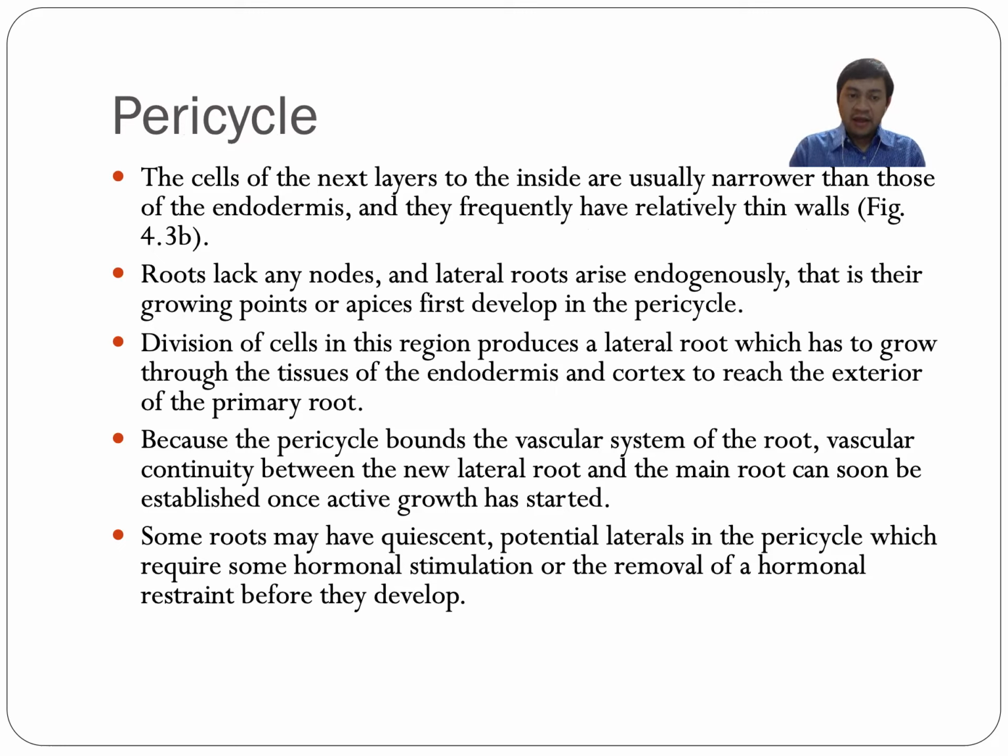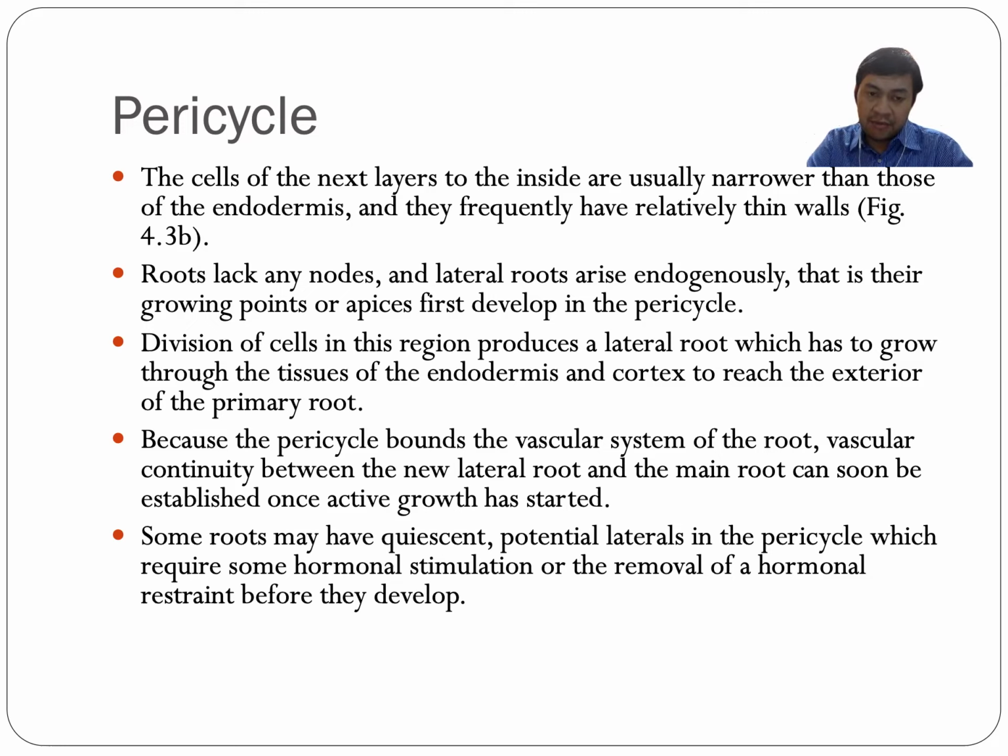Roots lack any nodes, and lateral roots arise endogenously. Their growing points or apices first develop in the pericycle. The division of cells in this region produces a lateral root, which has to grow through the tissue of the endodermis and cortex to reach the exterior of the primary root.